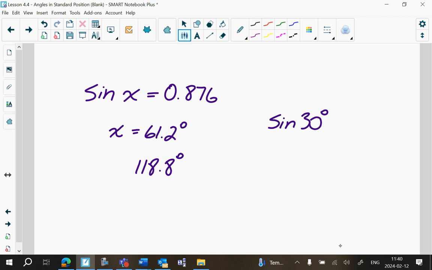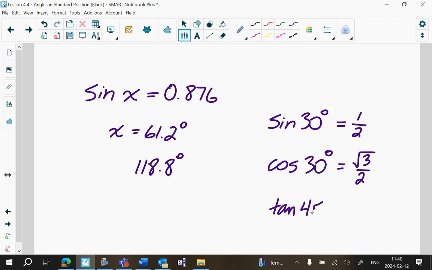Can't use a calculator. It's a half. Root 3 over 2. Where are those numbers coming from? Holy smokes. Right now, if you're not familiar with it, you should have no idea.